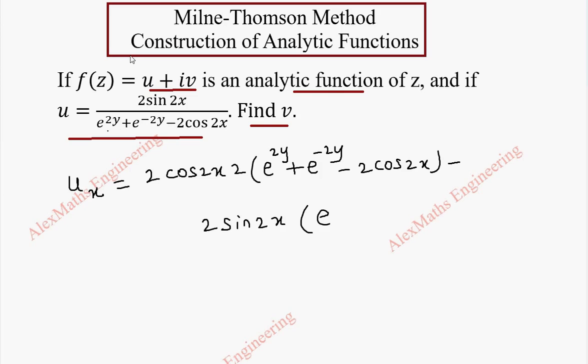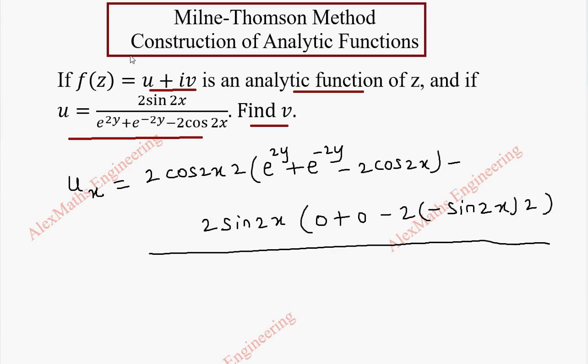So two terms will become 0, so we can write directly 0 plus 0, and minus 2 into minus sine 2x into 2 after differentiation. Whole division we have e power 2y plus e power minus 2y minus 2 cos 2x whole square.